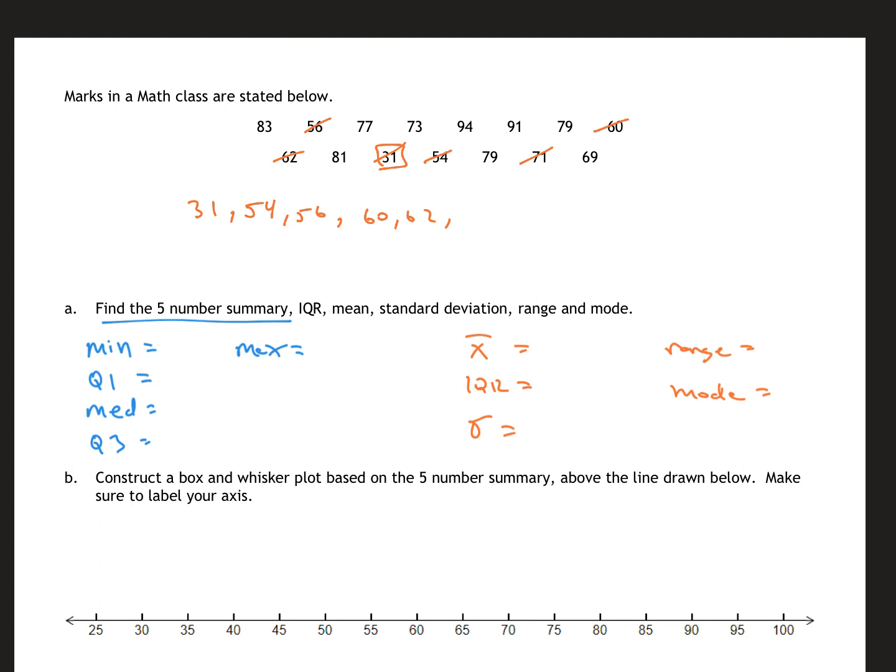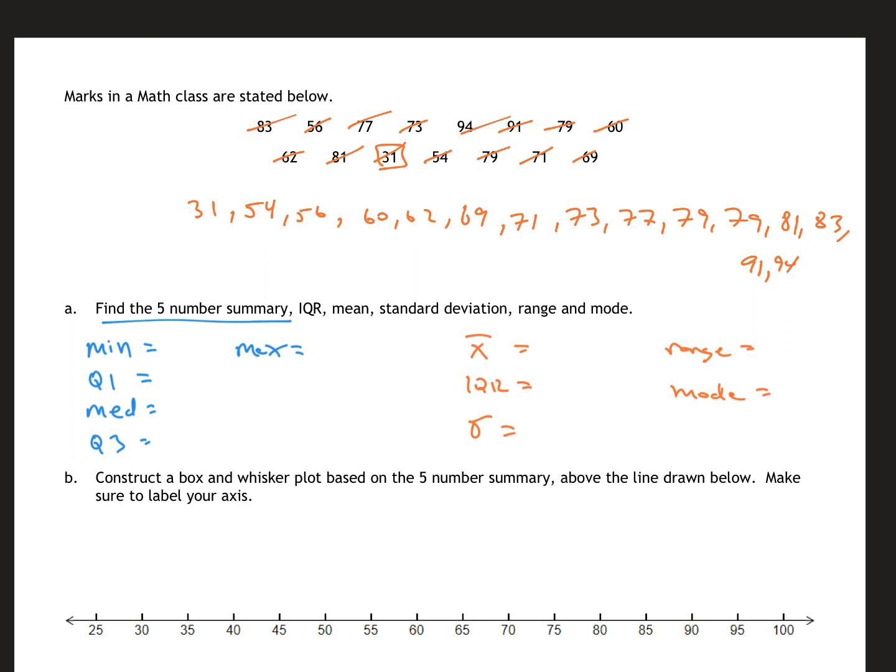Oh, I got a 69 too. 71, 77, skip the 73, 2 79s, 81, 83, 91, and 94. All right, so I got everything. Just ran out of space because I started too far to the right, but it happens.